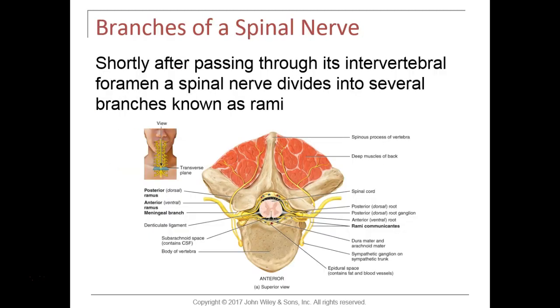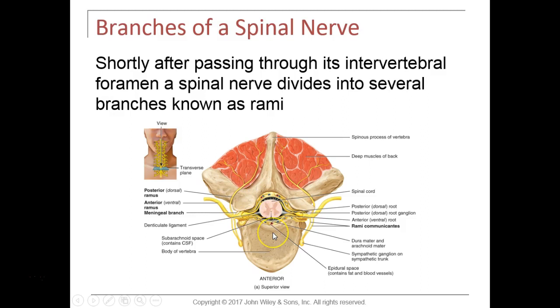All right, so let's look at how we have the attachments of the nerves in the spinal cord. You can see here this is a thoracic vertebra, and we're looking at the superior section, down the length of the vertebral column. You can see the spinal cord in cross section here, but there's a whole bunch of these weird little branches everywhere.